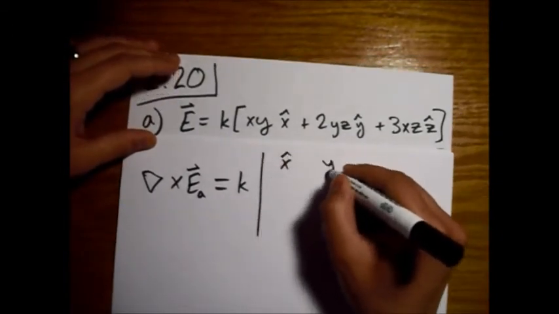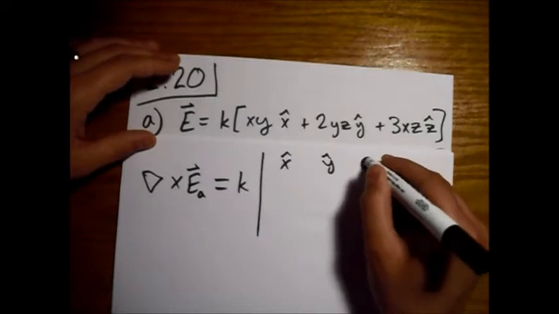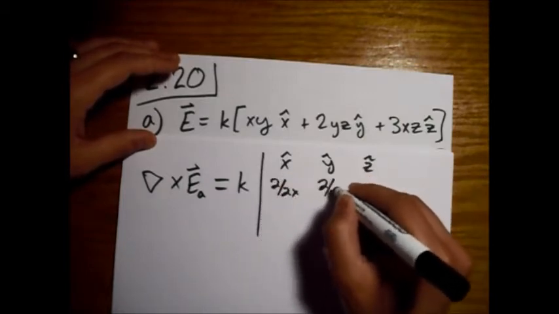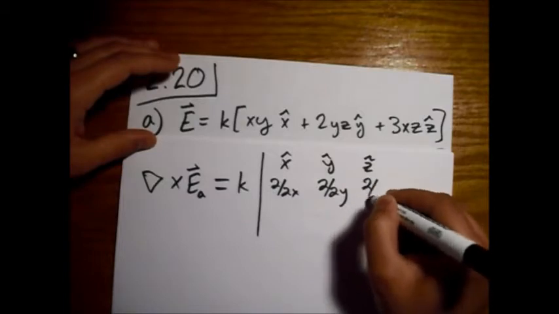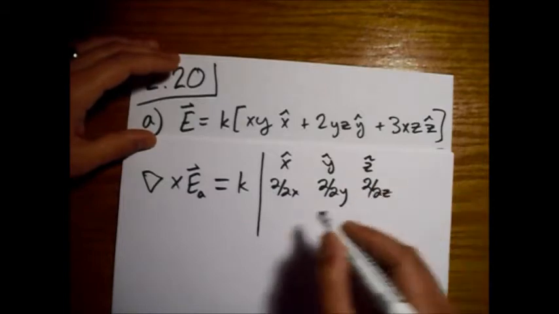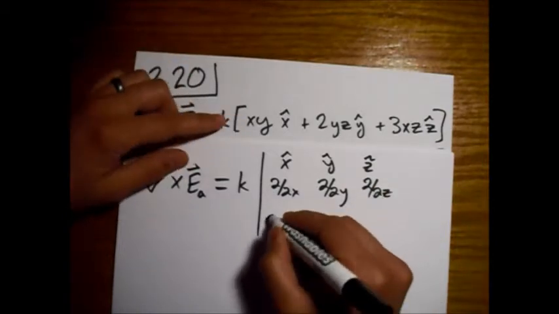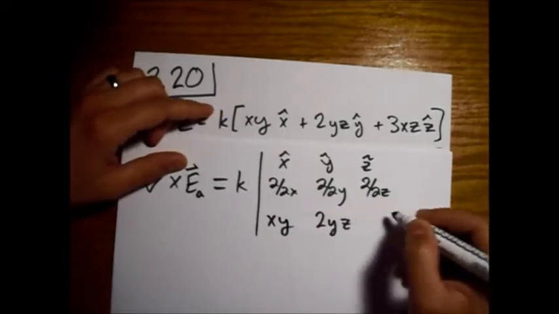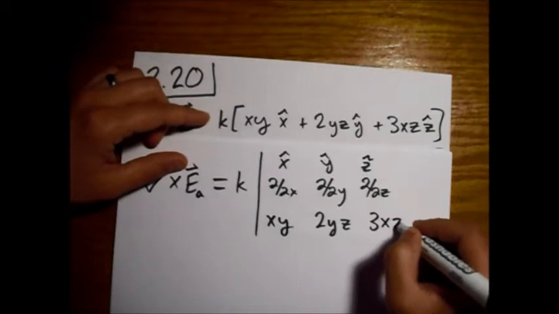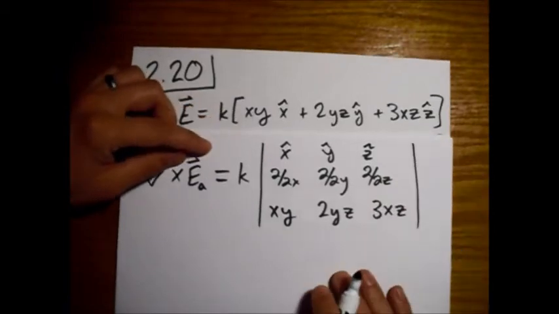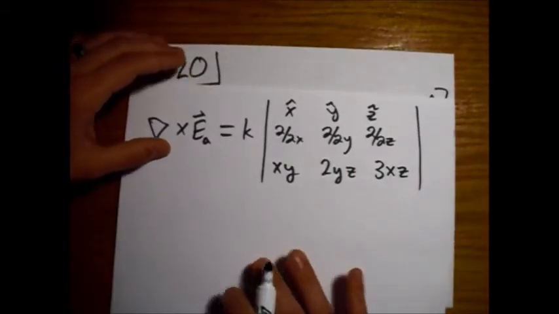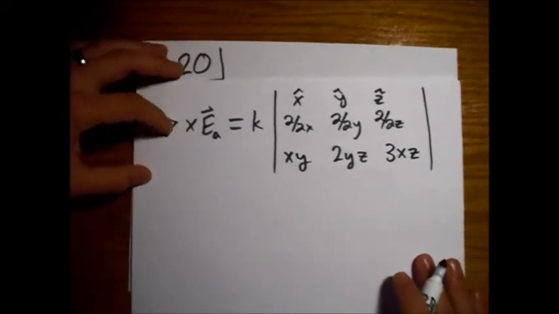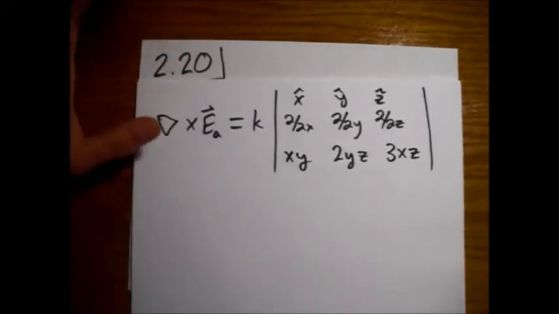So x hat, y hat, and z hat, d by dx, d by dy, d by dz, and then the x component is xy, then we have a 2yz, and we have a 3xz. We're going to take this determinant. And again, as soon as we find one component that doesn't go to 0, then we know this one doesn't work if this is the one.